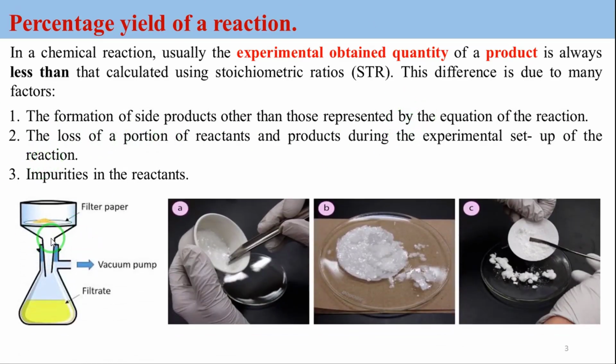So maybe during the filtration process, in order to filter the obtained product, a small amount of the product will get stuck on the filter paper and will be lost. And finally, it's maybe due to the presence of some impurities in the reactants.